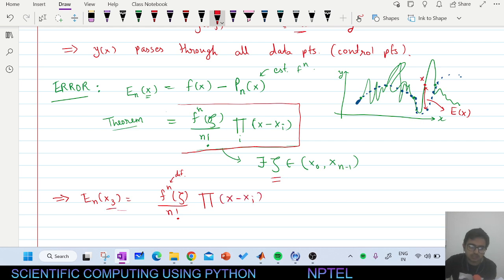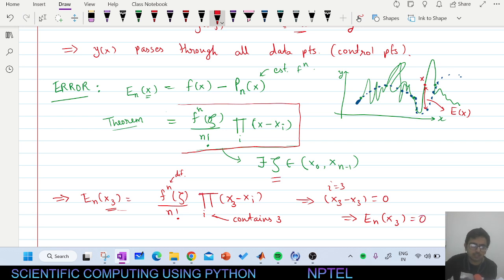Since our x is x3, this product contains x minus x3, which means there is going to be a term where i is equal to 3. That is just 0, x3 minus x3 is 0, which means En of x3 will be 0.